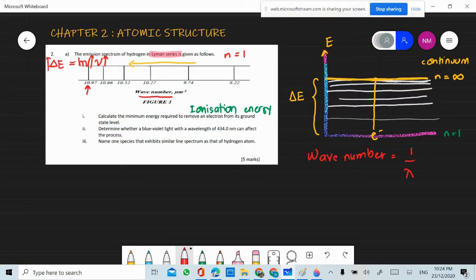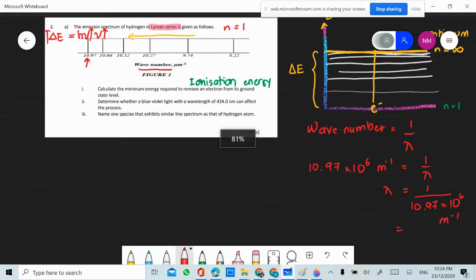The wave number is 10.97 times 10 to the power of 6 per meter, and that equals 1 over lambda. So lambda is 1 over 10.97 times 10 to the power of 6 per meter, and you can calculate your lambda.